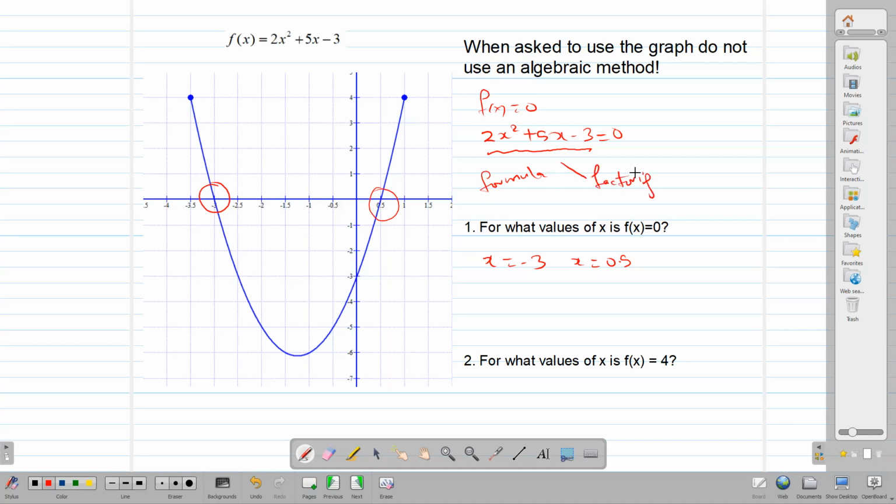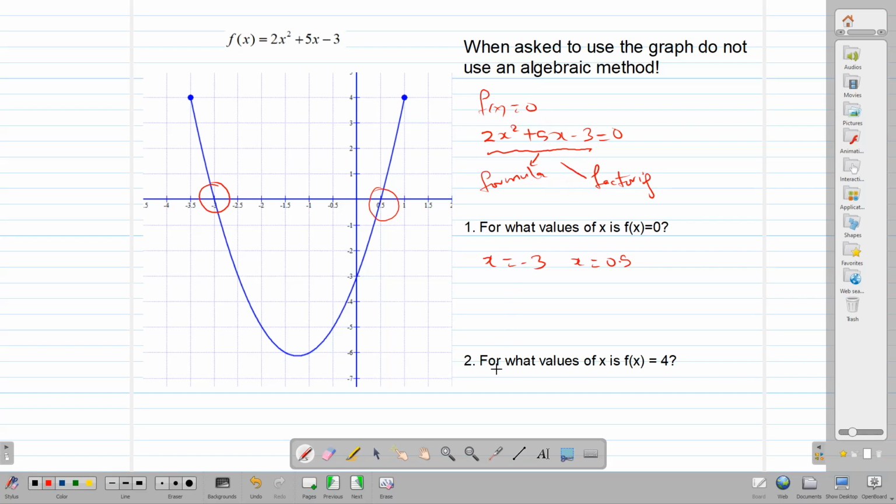If you do this, you will not get marks even if you get the question correct, because the question had specifically said use the graph. So please remember, in a situation where the question says use the graph, you should not use an algebraic method at all.